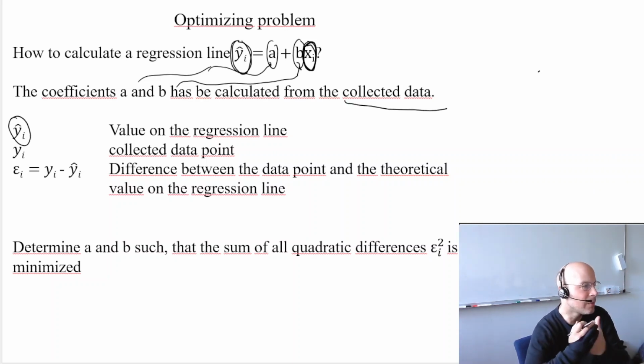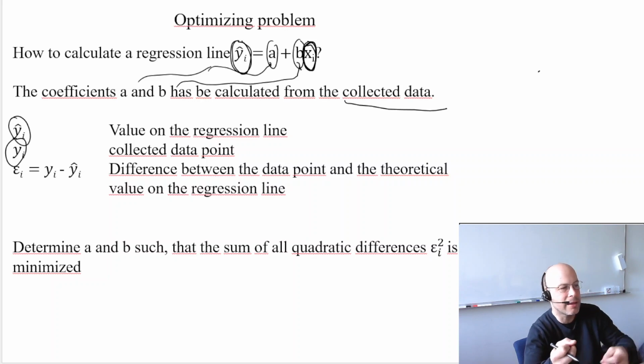So this number will be on the regression line. And by chance, this can be equal to our collected data point of y. But these two values do not have to coincide. And since they do not have to coincide, we speak that by fitting our data with a regression line, we make some error.